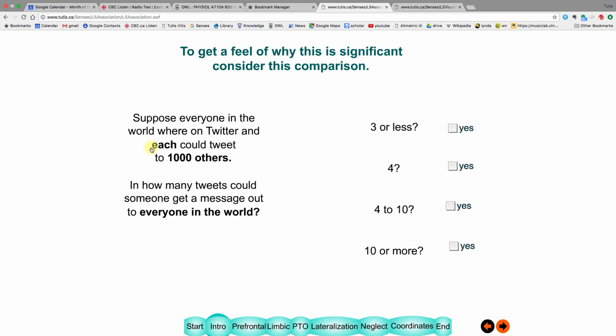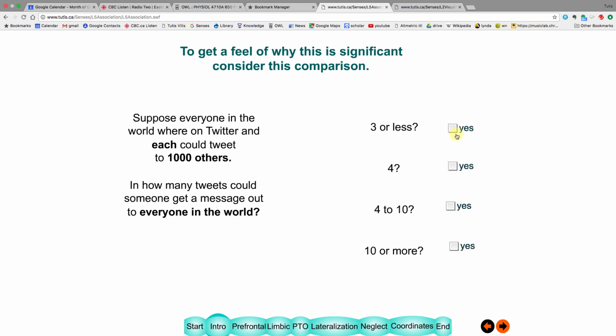And each one of those could connect to 1,000 others. How many tweets would it take to contact everyone in the world? Do you think it's 3 or less? 4? 4 to 10? Or more than 10?